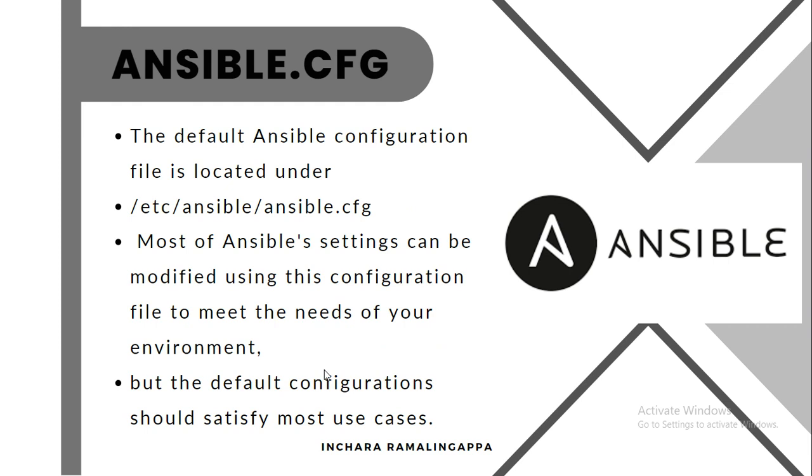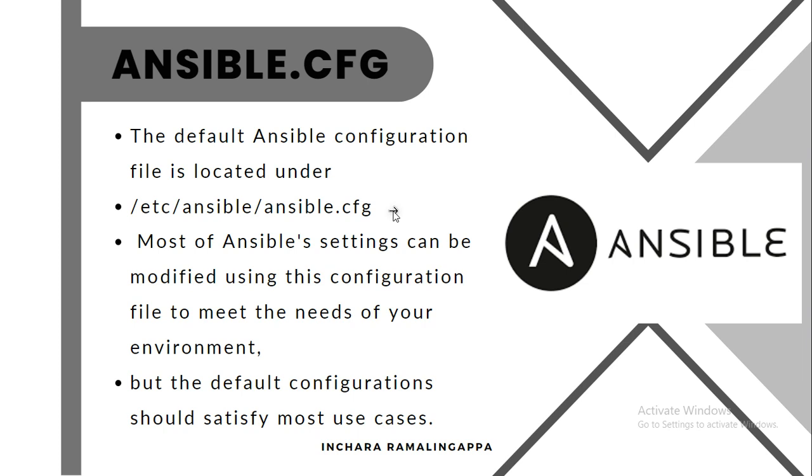And Ansible config files. Config files are just configuration files. These are located in this path, /etc/ansible/ansible.cfg config file. So here, most of the settings and most of the modifications can be done. Like if you want to set password authentication, or configure your SSHD, or generate your SSH key, those tasks will be done in this file.